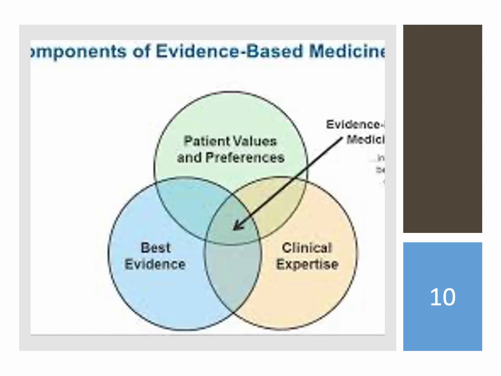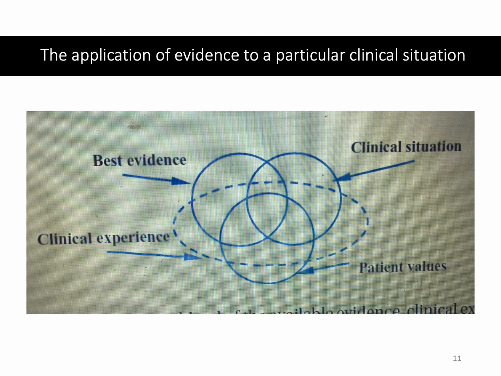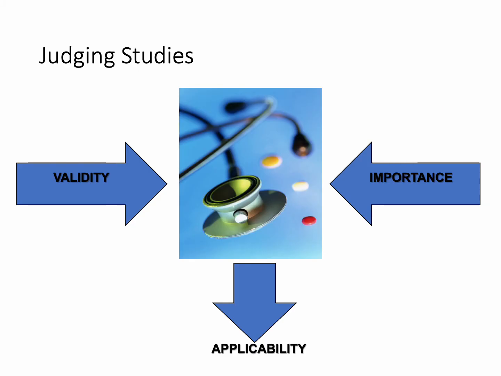This is a component of evidence-based medicine, which includes the patient value and preference, clinical expertise, and best available evidence. So when applying best available evidence in the clinical situations and considering clinical expertise and patient value, that means we are evidence-based and we can apply the evidence to the particular clinical situations.